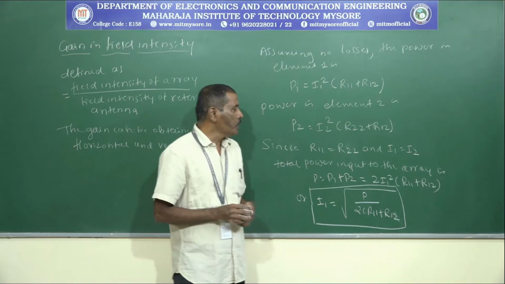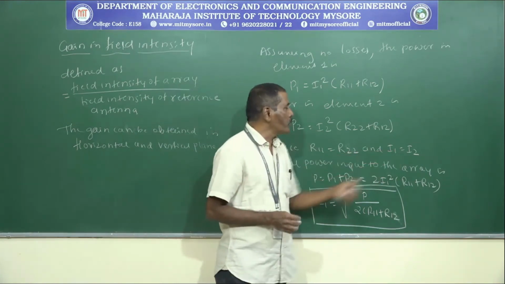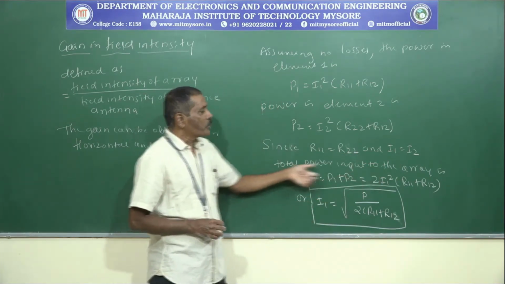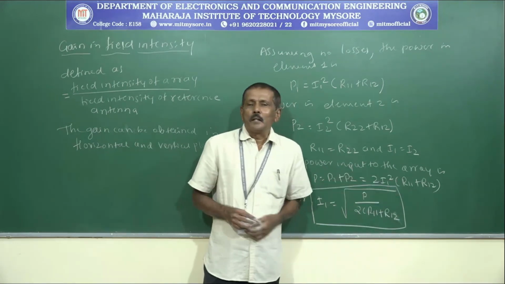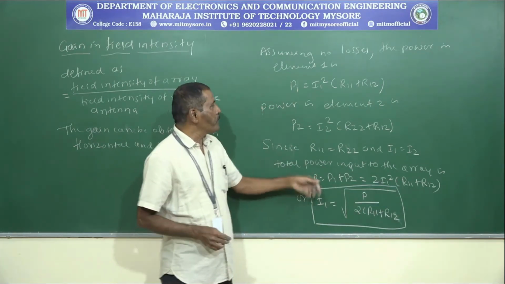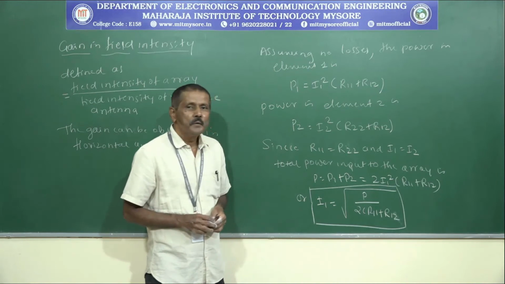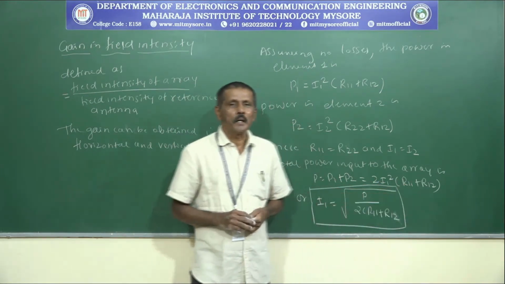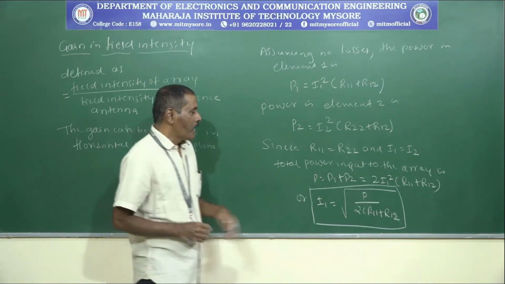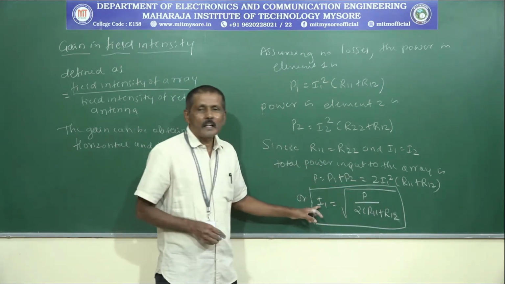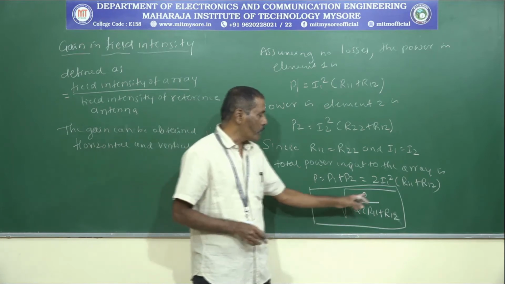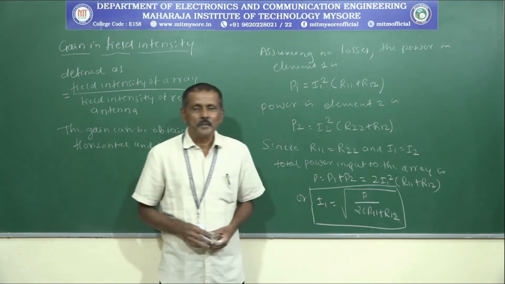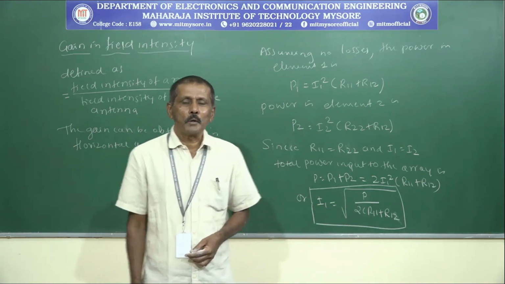Since R11 equals R22 and I1 equals I2, the total power to the input array is given by P equal to P1 plus P2. This is equal to 2 times I1 squared into (R11 plus R12). From this equation, we can calculate the current I1 equal to root of P divided by 2 times (R11 plus R12).